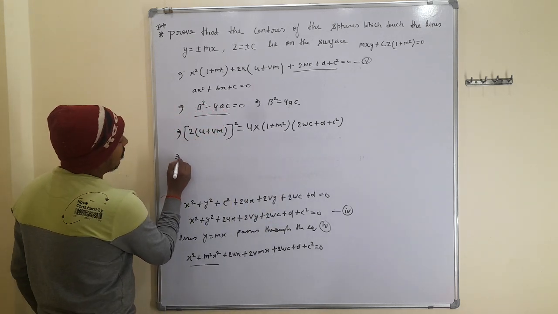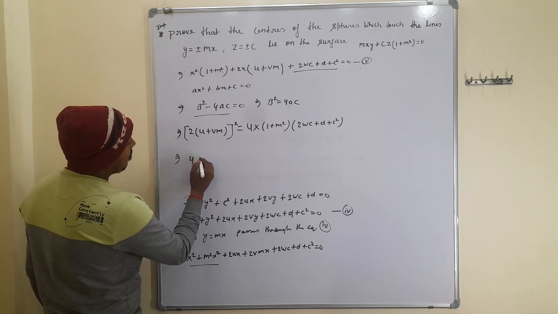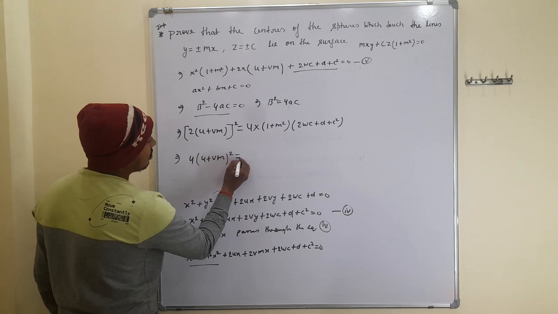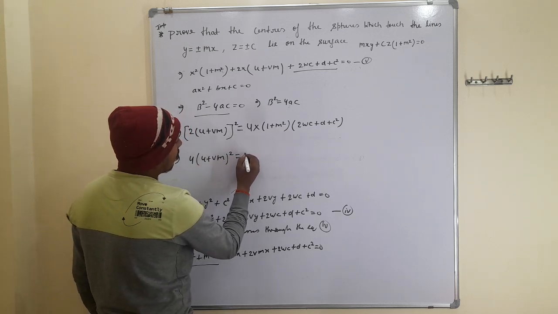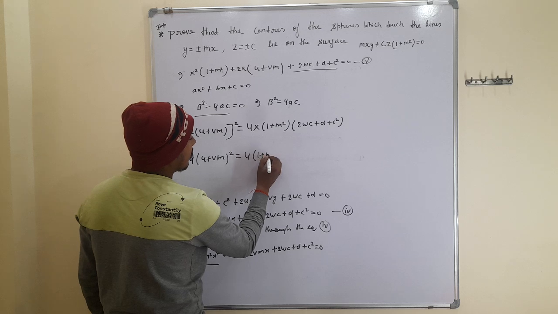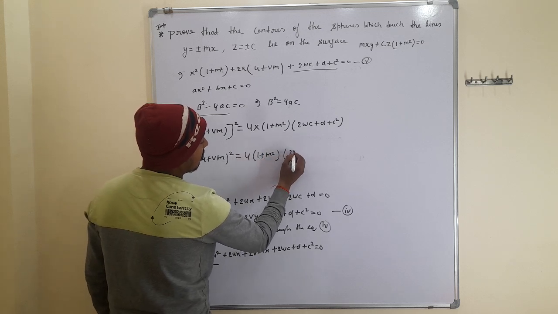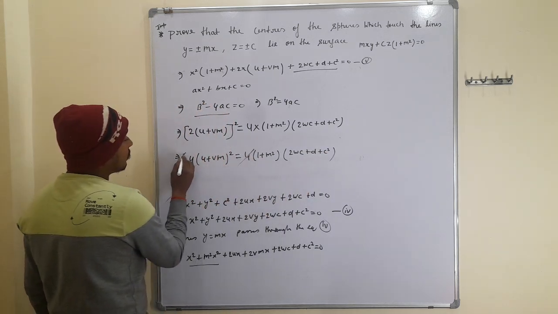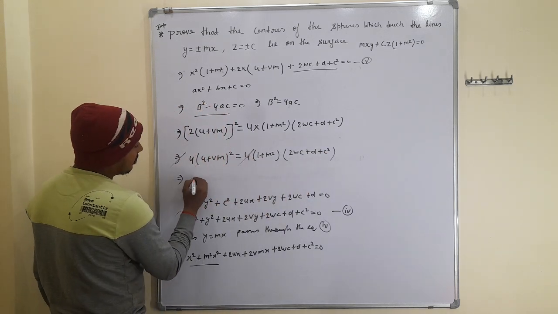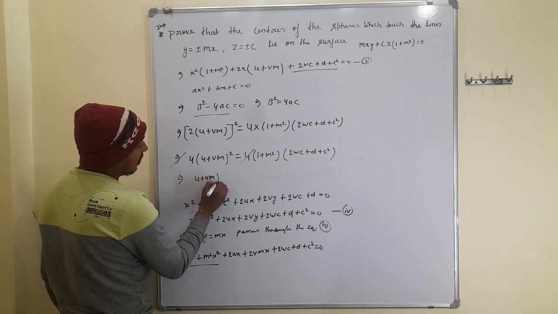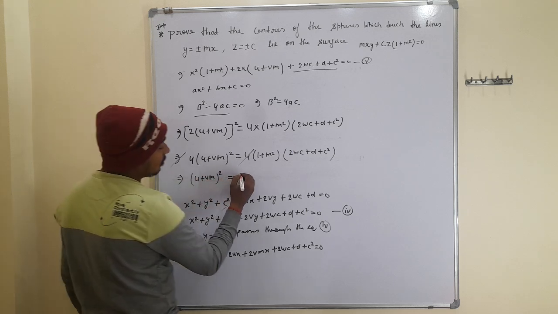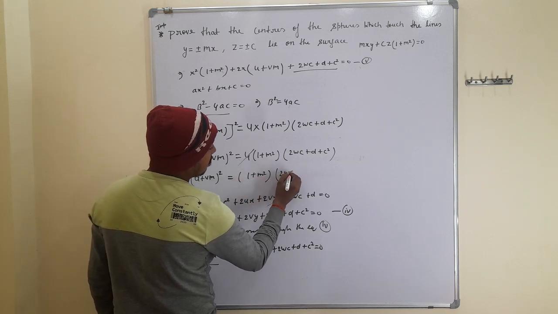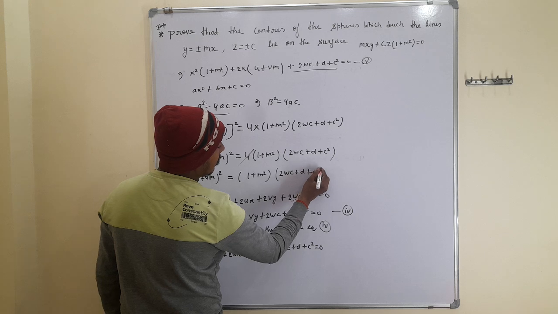On squaring, 4 times u plus vm whole square equals 4 times 1 plus m square times 2wc plus d plus c square. From here 4 cancels out, then the remaining is u plus vm whole square equals 1 plus m square times the other bracket 2wc plus d plus c square. Let this be equation 6.